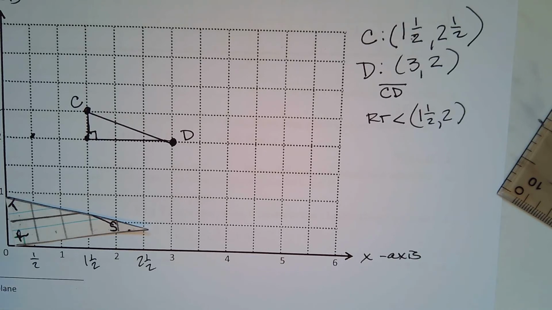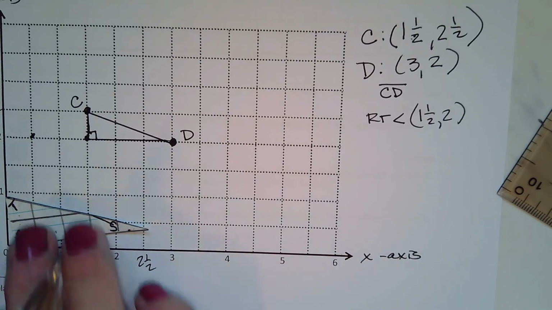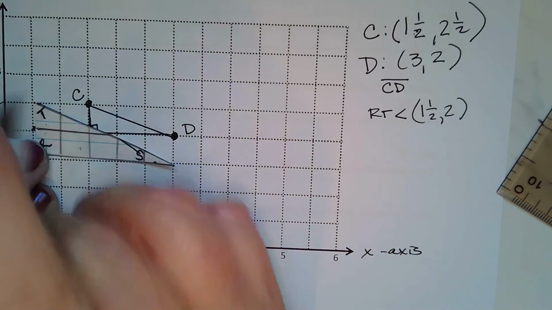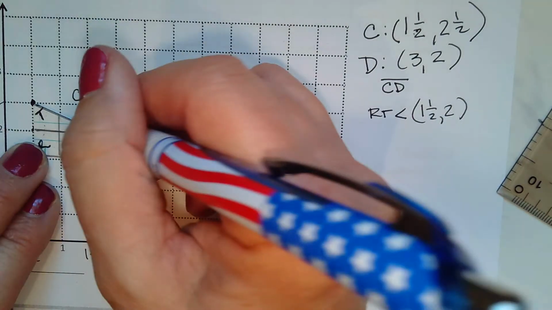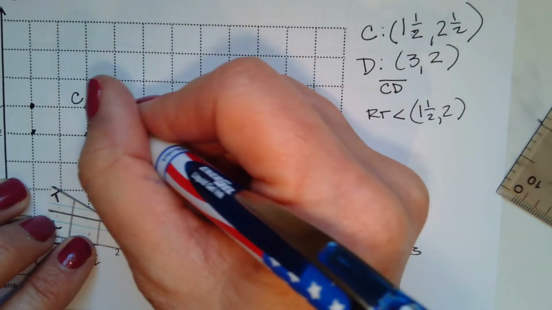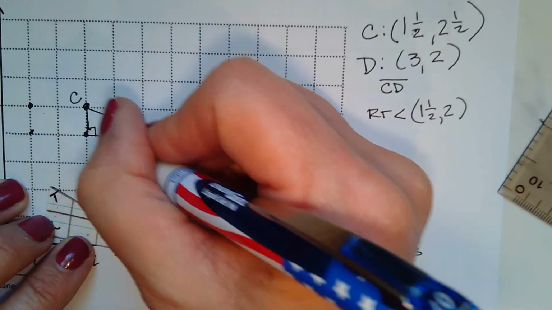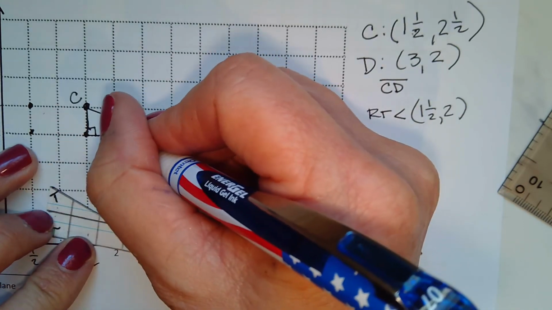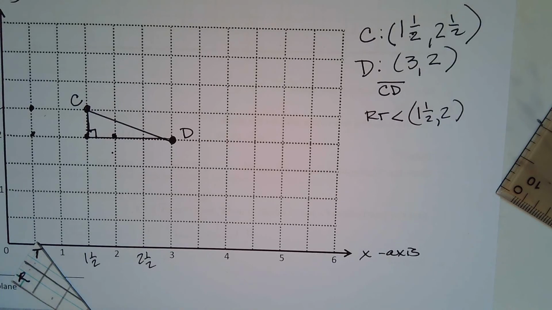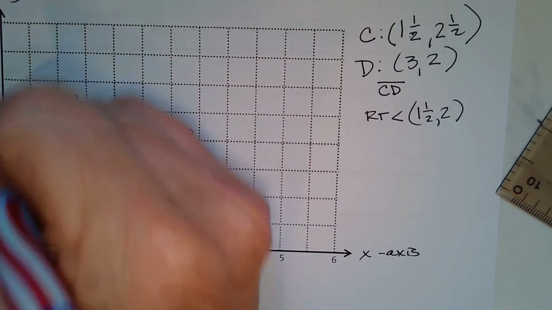Plot it over 1, 2. So now, how many units down? 1, 2, 3, right? That would now be your new triangle, right?